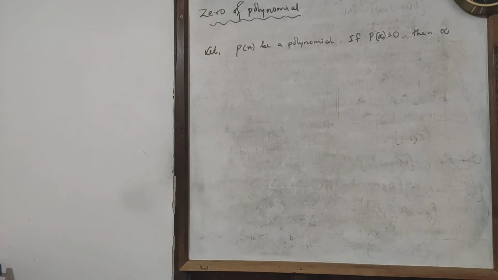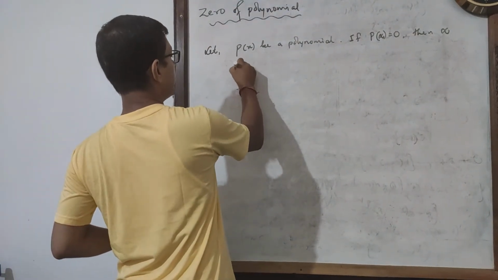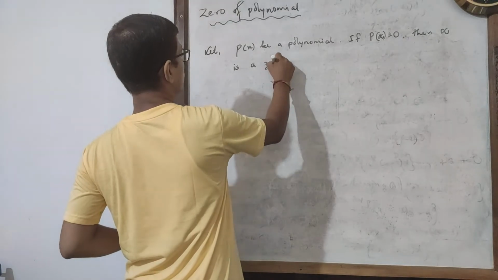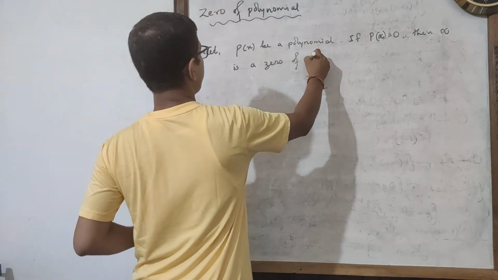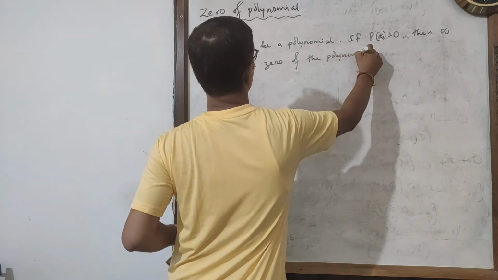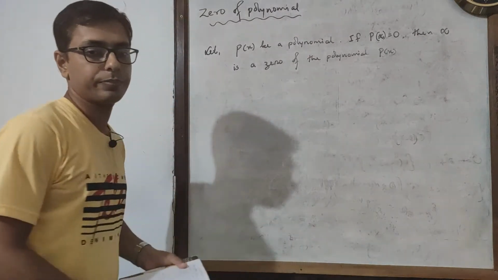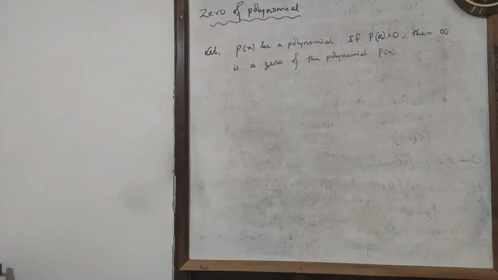When substituting the value of x by alpha, if we get the value of the polynomial as 0, that means if p(alpha) equals 0, then alpha is a zero of the polynomial p(x). Clear? Understood what I said?